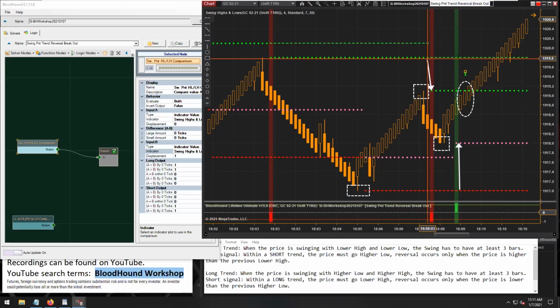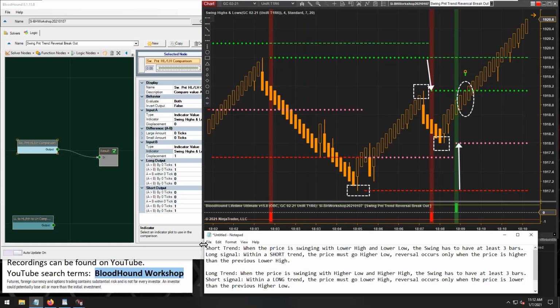So that way I can say, all right, we've identified a lower high and we have identified a higher high. Once we get those two, we have the trend identified, the short trend or the long trend. And then the last step is to actually detect this crossover here.